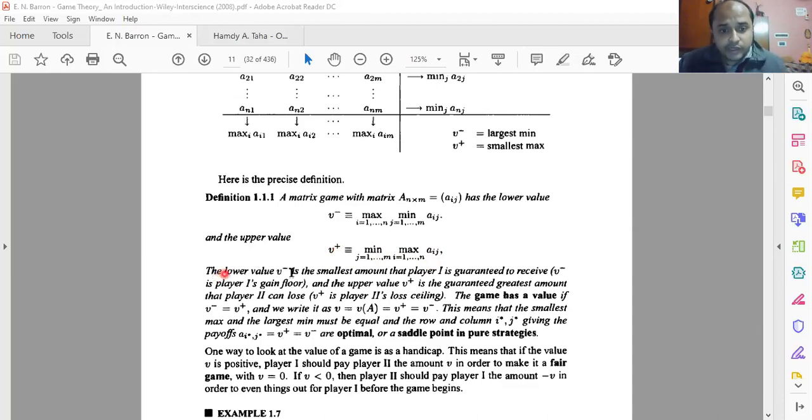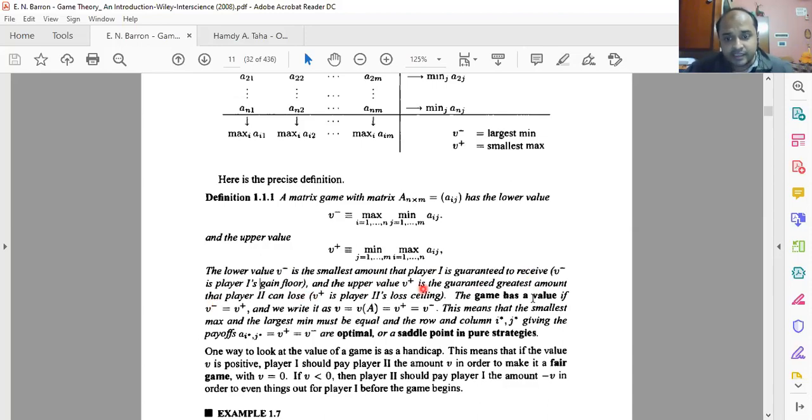The lower value nu minus is the smallest amount that player one is guaranteed. You don't have to write it because the book is already with you. The lower value nu minus is the smallest amount that player one is guaranteed to receive, and the upper value nu plus is the guaranteed greatest amount that player two can lose.